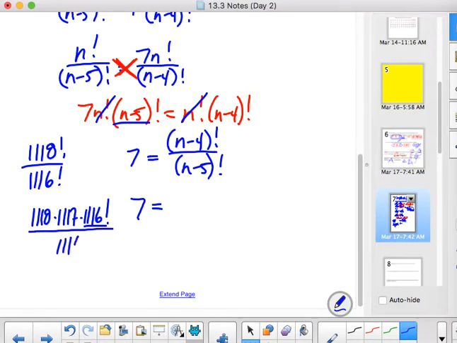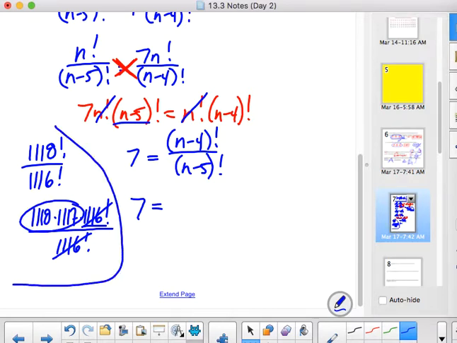And what that allowed us to do is to cancel here and here, and we'd just be left with this. And so the same thing is going to be true for this question. We want to use that same idea, but we need to be a little bit careful about how we do it. Over here in this problem, notice that we start with whatever the factorial is, and then we subtract 1 each time that we peel off another factor.